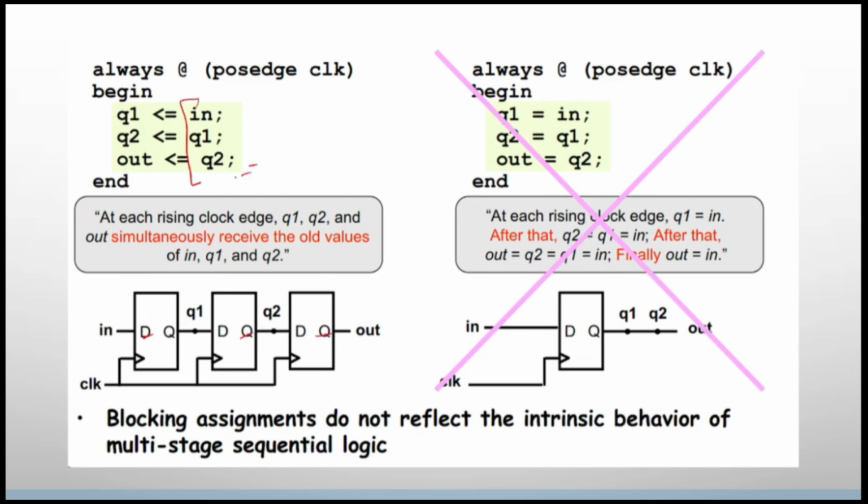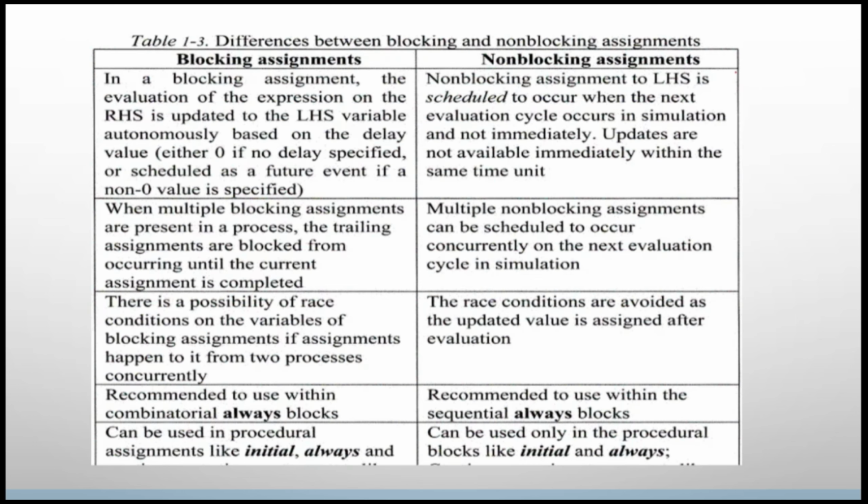But with blocking statements, even though you have three stages, only one flip-flop is created, which is a big failure. That is why, when you want to design circuits based on serial input and serial output, you mostly prefer non-blocking statements instead of blocking statements.